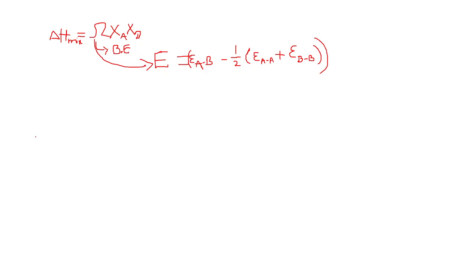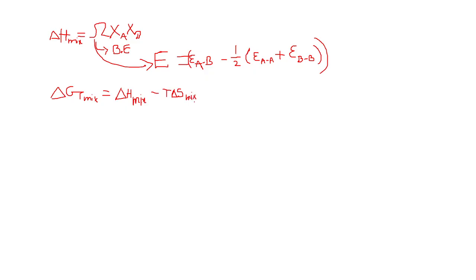Now if you want the term to be negative, so if you want to get that immiscibility gap, that means the delta H mix, and we also know that the delta G mix equals delta H mix minus T delta S mix.